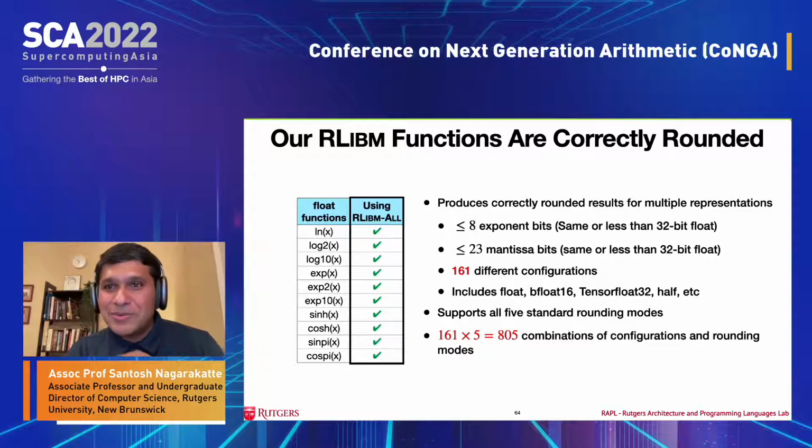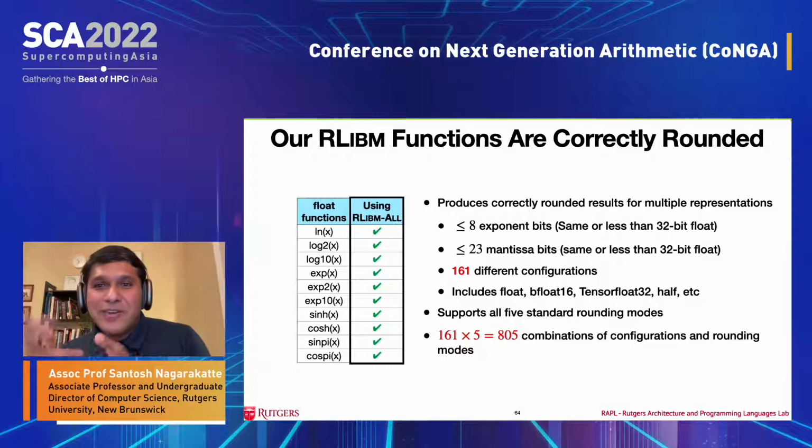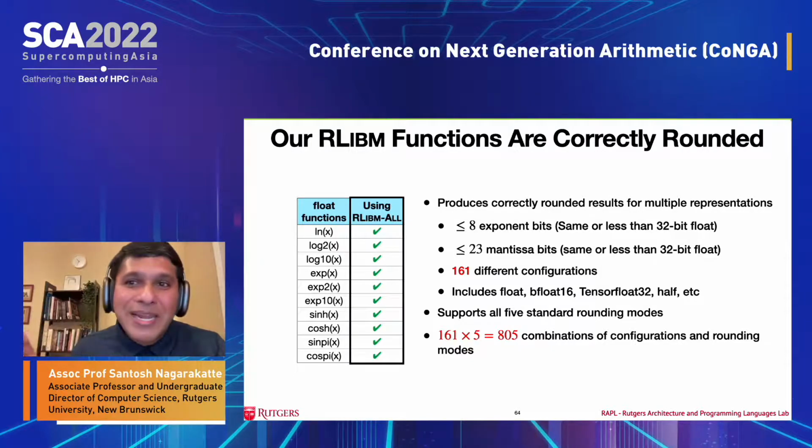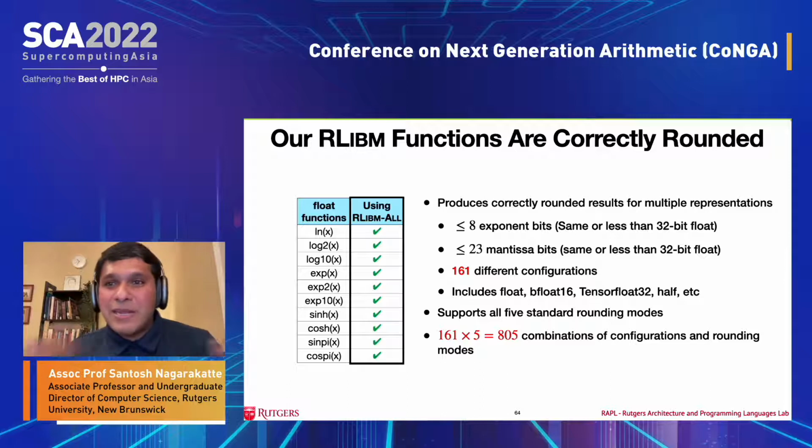So there are 23 bits. You have freedom. You can choose 1 fraction bit and 8 exponent bits, 2 fraction bits and 8 exponent bits, or 1 exponent bit and 3. You can experiment with it.